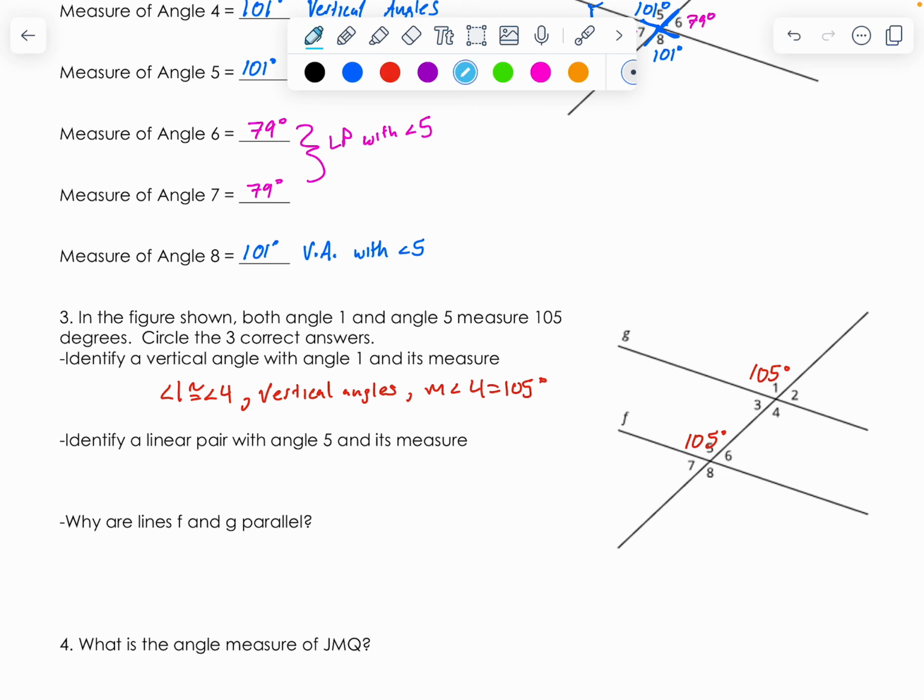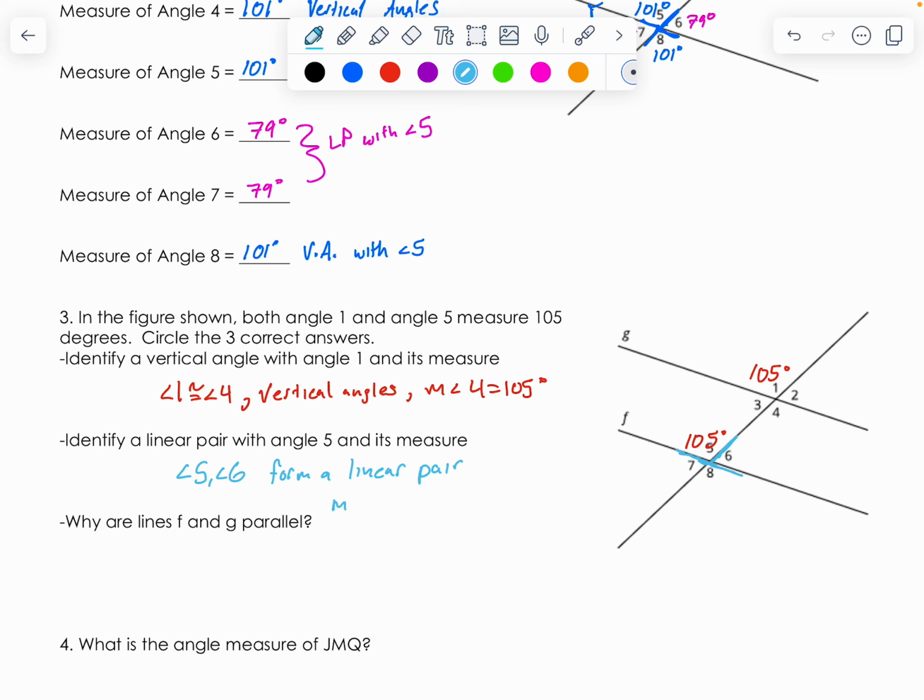Okay. Identify a linear pair with angle 5. Boom, right there. Angle 5 and angle 6 form a linear pair. All right, being very thorough.